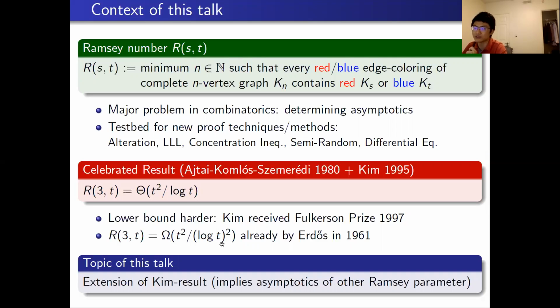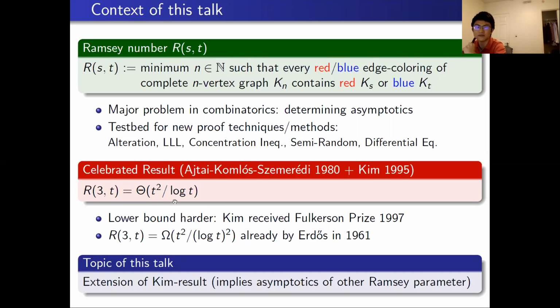This Erdős lower bound was subsequently reproved by Spencer using Lovász's local lemma in 1977. And in 1974, Erdős used a simpler alteration method to reprove this result, and his method is nowadays called the large deviation approach. And finally, it is due to Kim in 1995 that a correct lower bound was obtained, by removing this log factor.